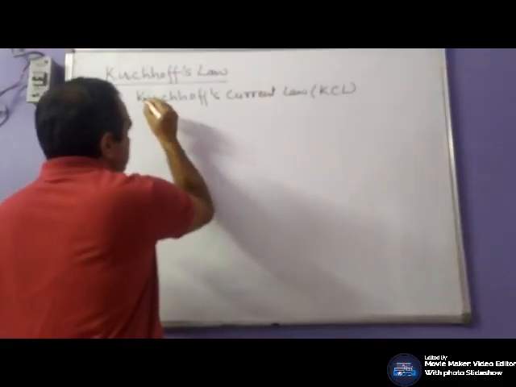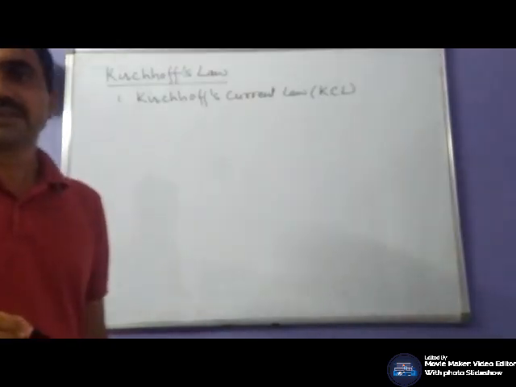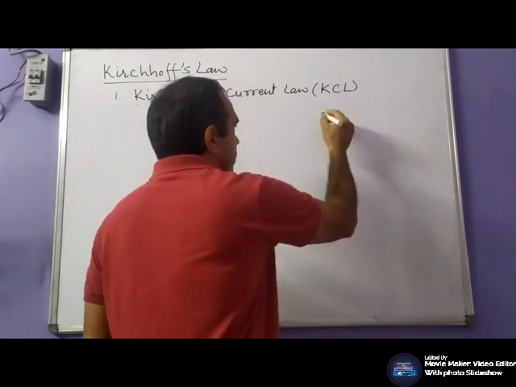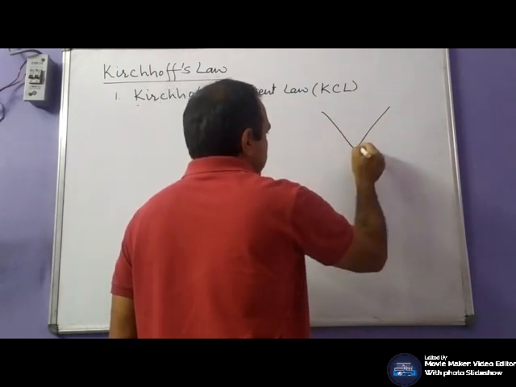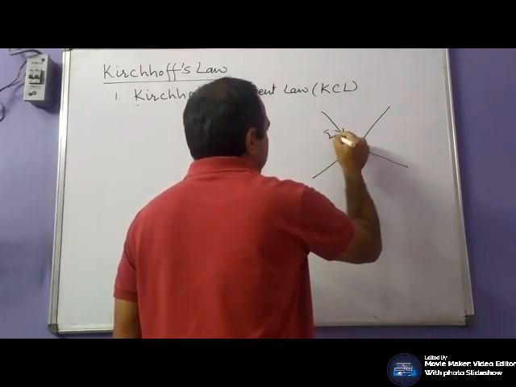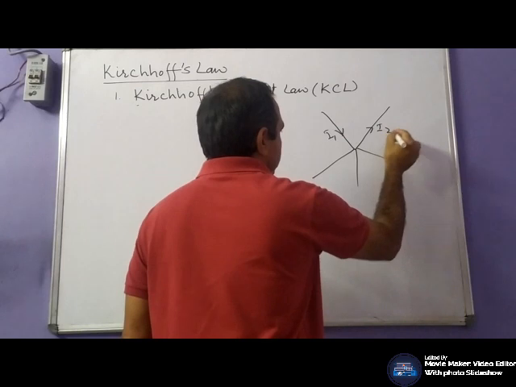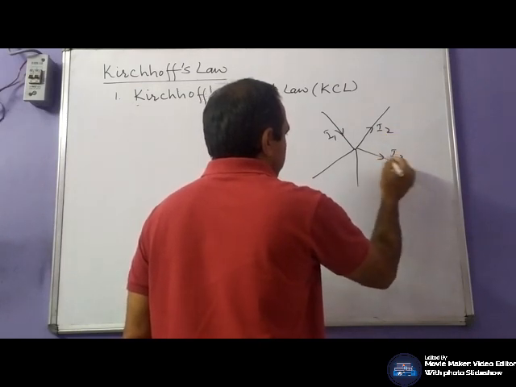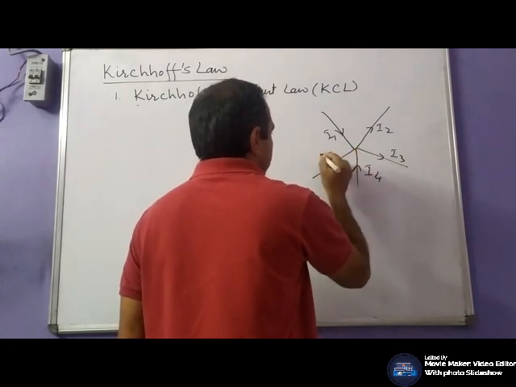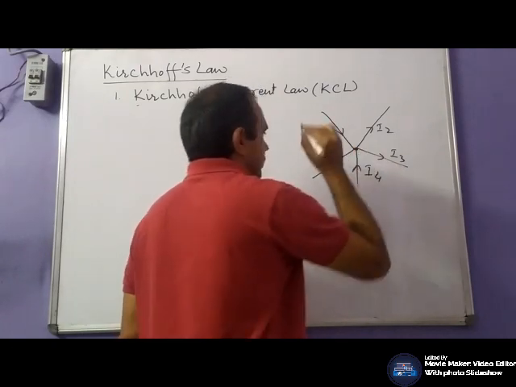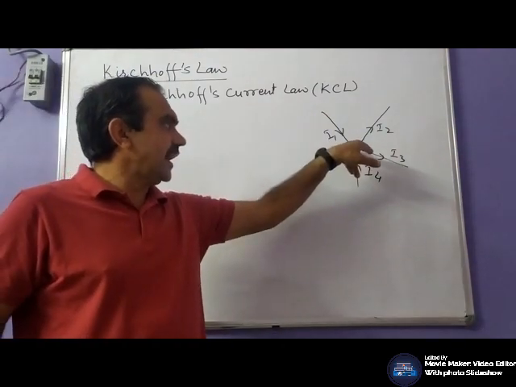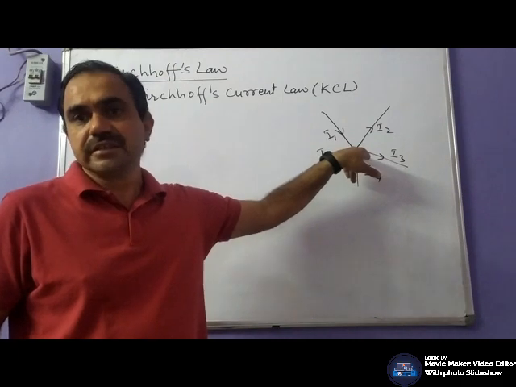What does Kirchhoff's current law state? It states, for example, there are a number of branches meeting at this point, at this junction.